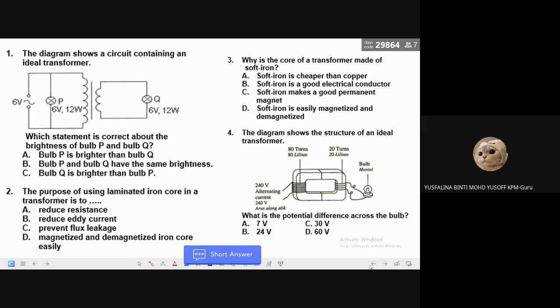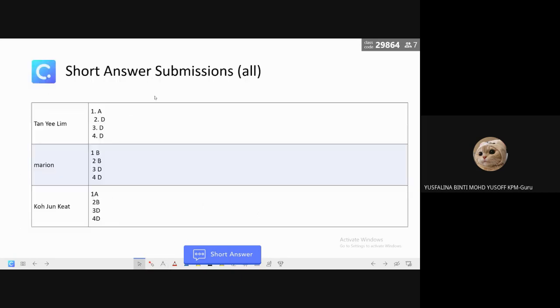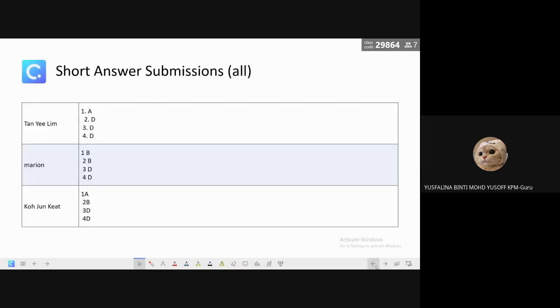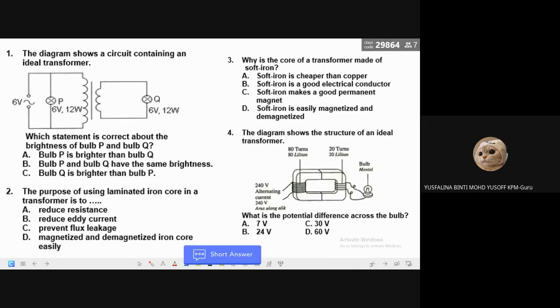It says here, which statement is correct about the brightness for bulb P and bulb Q. This is a step down transformer, so the voltage will be dropped.